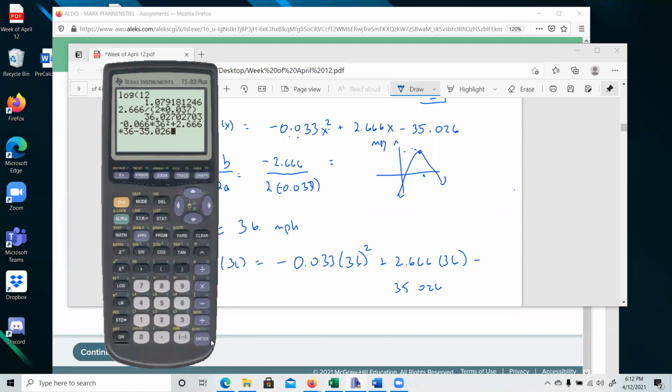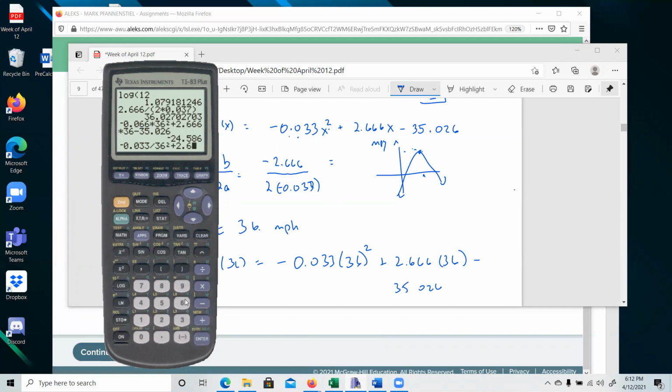Hope for the best. Crossed fingers. I don't like that answer. Not one little bit. Let's see. What did I screw up? Oh, you know what I screwed up? It's not 0.66, it's 0.63. Times 36 squared plus 2.